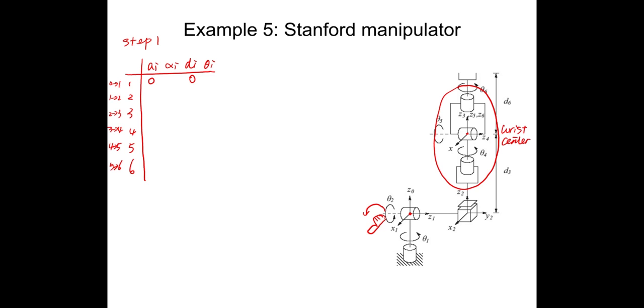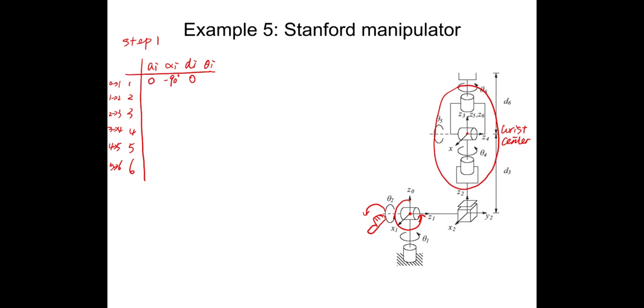So if we rotate around this direction, that is positive. If we want to rotate from Z0 to Z1, we need to go this angle. That is 270, which is equivalent to negative 90. If you go this side, that is opposite to the positive sign, so it is 90 but in the opposite direction.